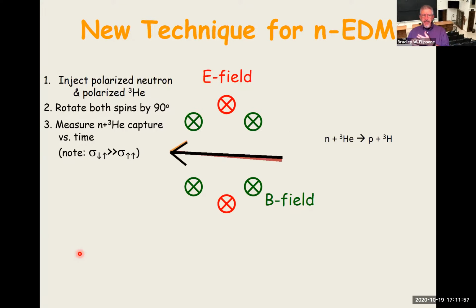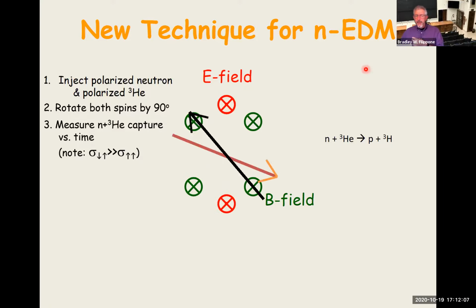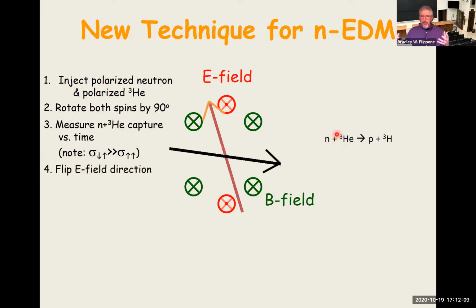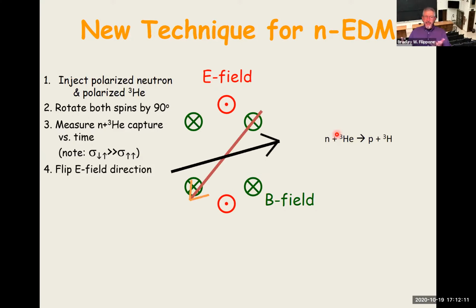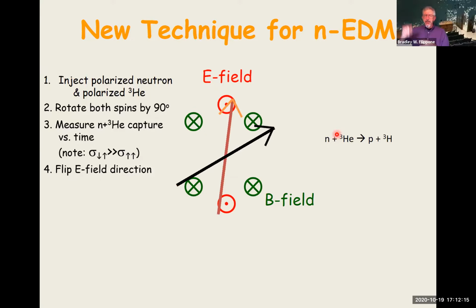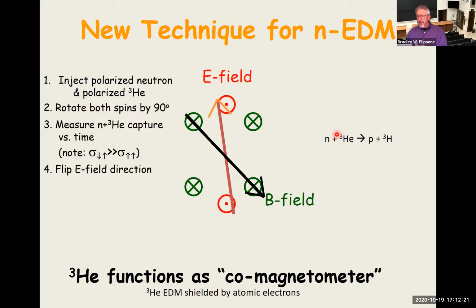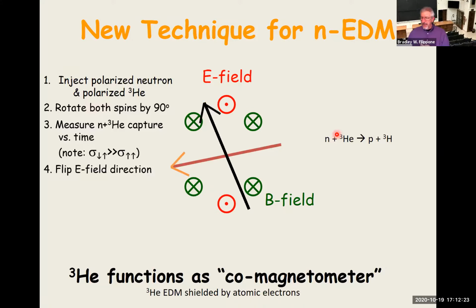It turns out when a neutron and helium-3 spin are anti-parallel, there's a huge probability that they capture, and the capture products are an energetic proton and triton. Those two particles deposit energy in the superfluid helium that produces light. We use that light signal. We see an oscillation in the light signal to measure the frequency. We flip the electric field to see a different frequency. If it's correlated with the electric field, it's a signature of an electric dipole moment.